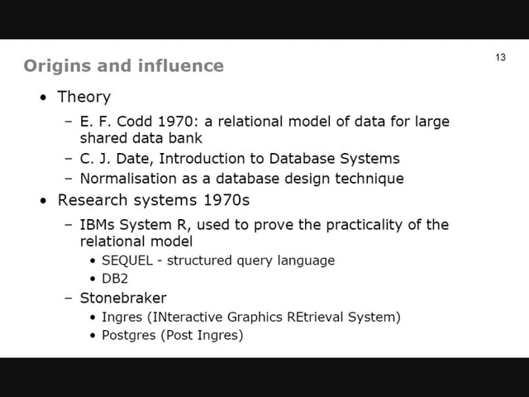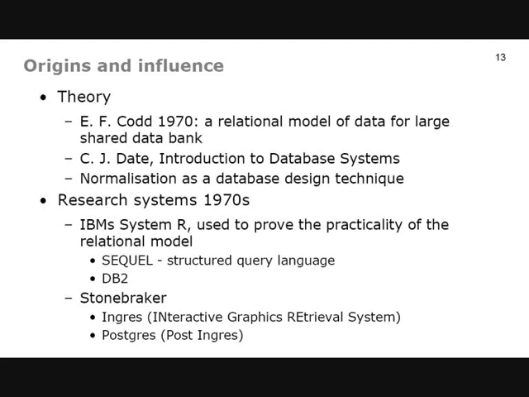These research systems were made to show that the relational model was a good model and that it could be implemented. So there were things like System R from IBM, SQL and DB2 started to come up just to prove that these concepts in the relational model were powerful concepts for storing data and accessing data. There were others like Stonebraker, Ingres, Postgres, which we are going to use, etc.